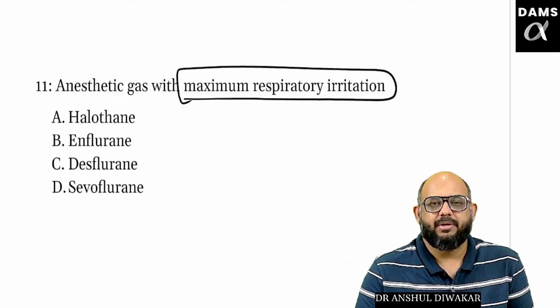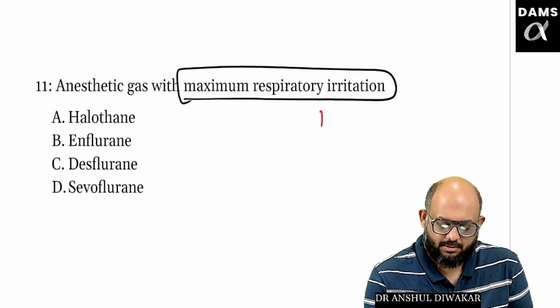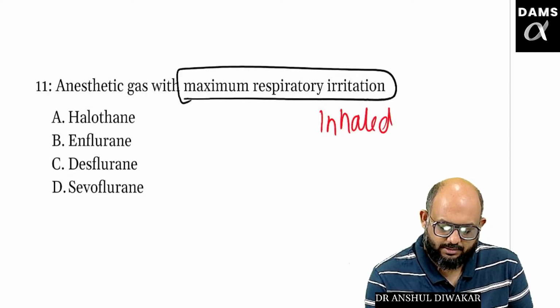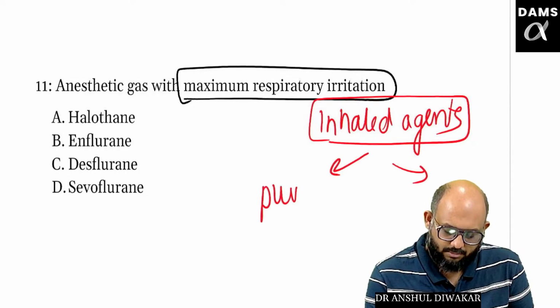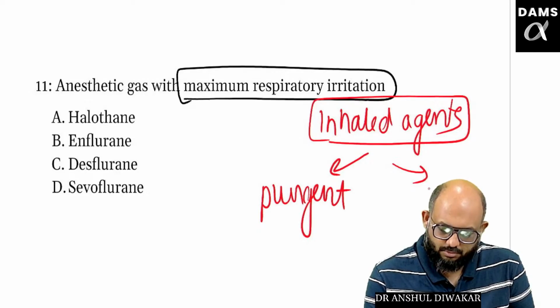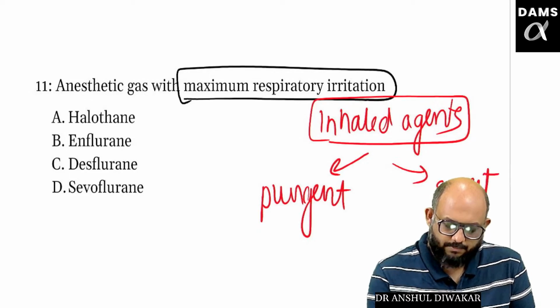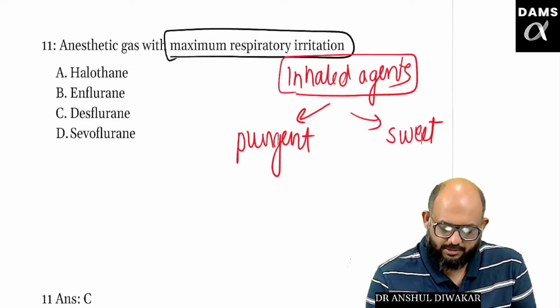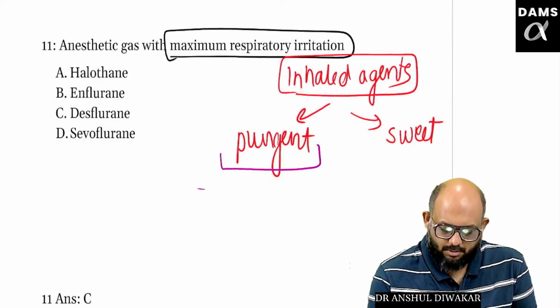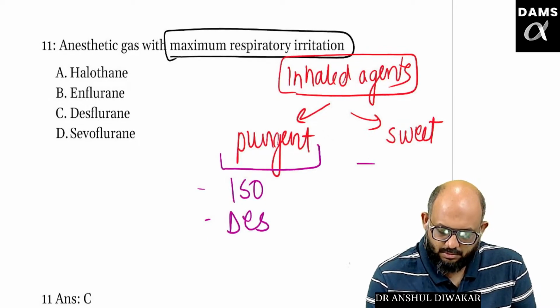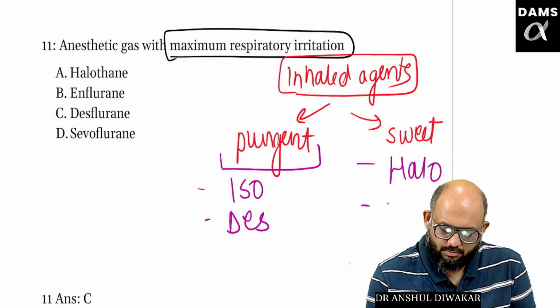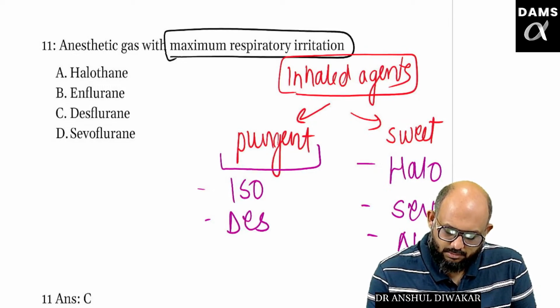Maximum respiratory irritation. So tell me, inhaled anesthetic agents are either pungent or sweet. Pungent are iso and des, sweet is halo, sevo, nitrous, xenon.